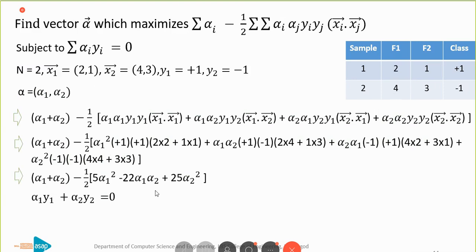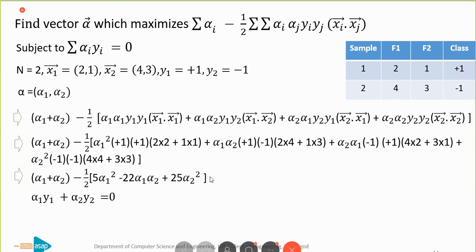So that will become this expression: alpha 1 plus alpha 2 minus 1 by 2 into 5 alpha 1 square minus 22 alpha 1 alpha 2 plus 25 alpha 2 square. We have to find a vector alpha which maximizes this expression. So this is the expression to be maximized.